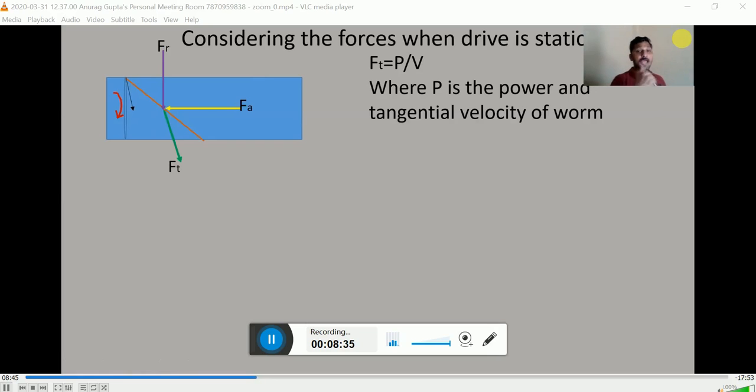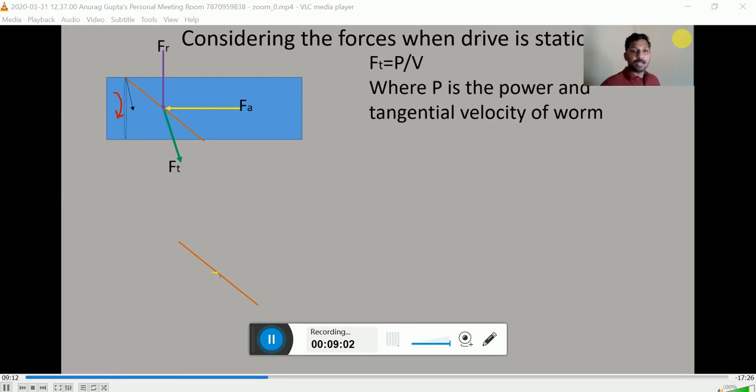Okay, now we have to establish the relationship between Ft, Fa, and Fr. So for developing the relationship, we are considering this helix here. We are considering the same helix which is on the worm. We have drawn this helix here so that we can easily understand the figure of the force diagram.